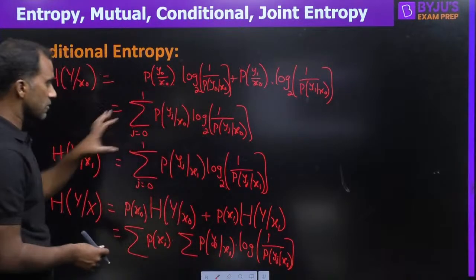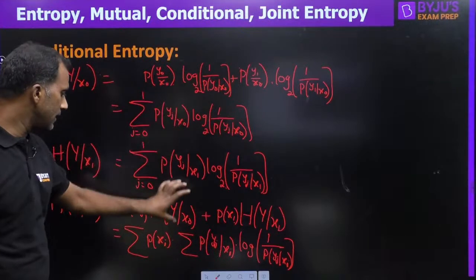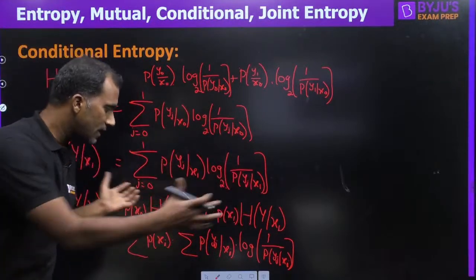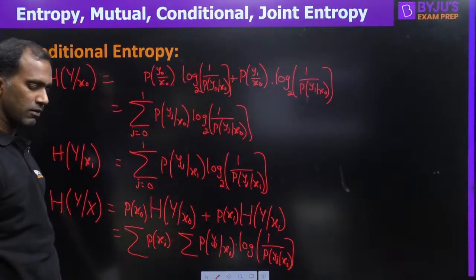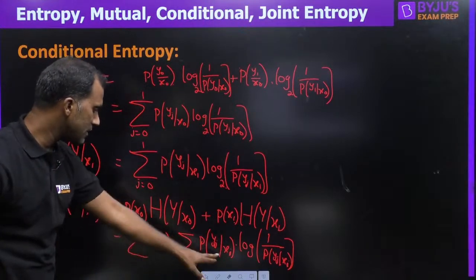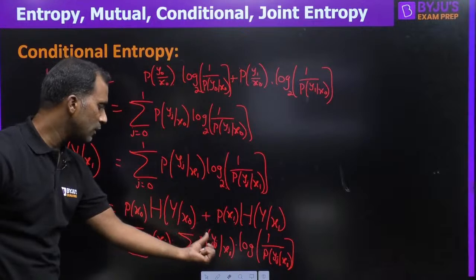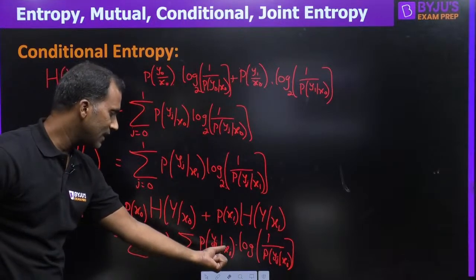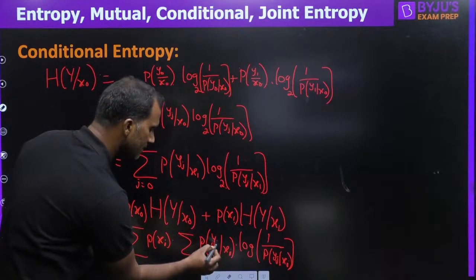So if you substitute this here and this here and just combine all of them, it will be looking something like this. So if you multiply these two, what will we get? P of xi into P of yj given xi.